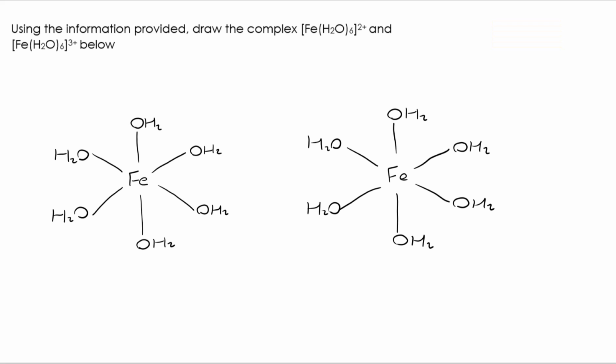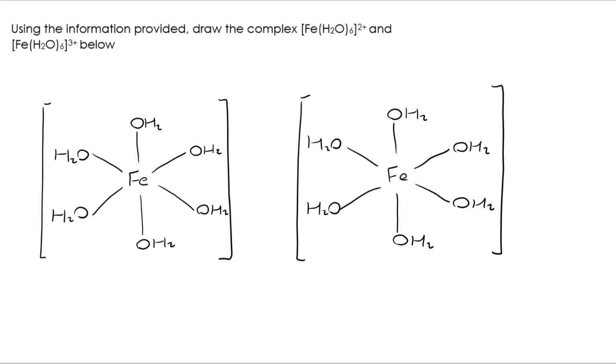You will notice that the bond goes from the Fe to the O. That is absolutely vital in what we're doing on here. So certainly don't just write H2O on the right hand side, for example. That will be saying the Fe is bonded to an H, which is a chemical error. Now, because these are ions, we need to represent the fact that they're ions. We use square brackets. Square brackets here does not mean concentration in moles per decimeter cubed, but it is still vital that these are square brackets here.